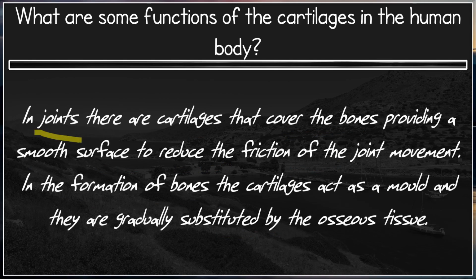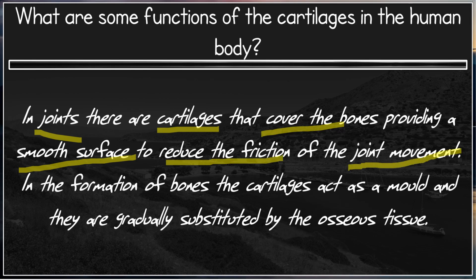In the joints, cartilages cover the bones, providing a smooth surface to reduce friction of the joint movement. In the formation of the bones, cartilages act as the mold, and they are gradually substituted by the osseous tissues.